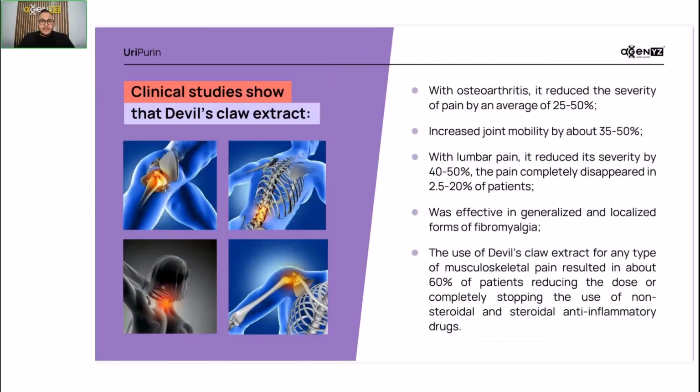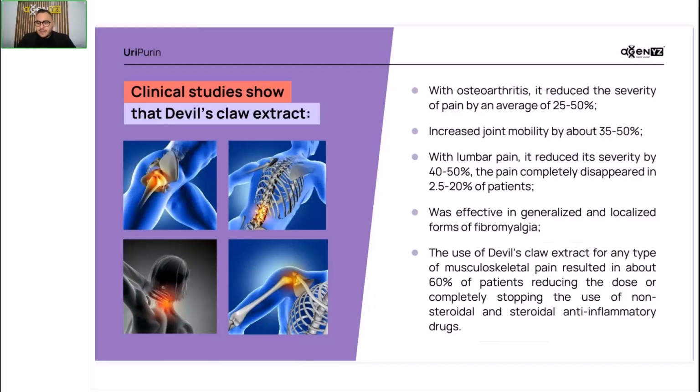Clinical studies show that devil's claw extract, in individuals with osteoarthritis, reduced the severity of pain by an average of 25 to 50%, which is very clinically meaningful. It increased joint mobility by about 35 to 50%. With lumbar pain, it reduced severity by 40 to 50%, and the pain completely disappeared in 2.5 to 20% of patients.